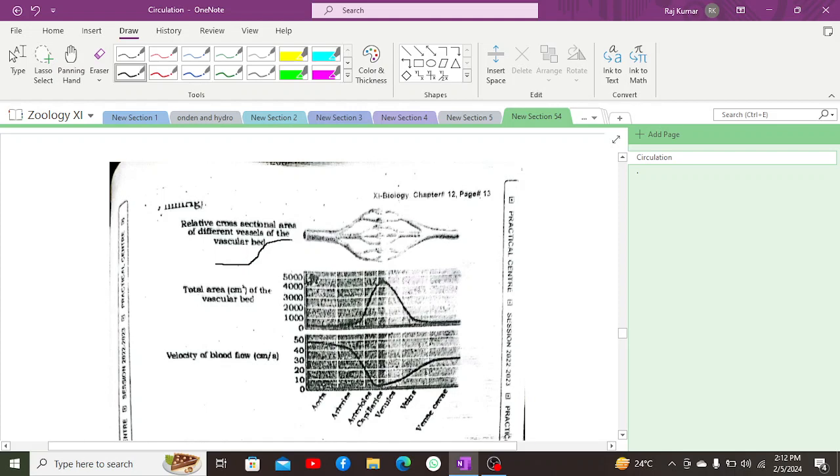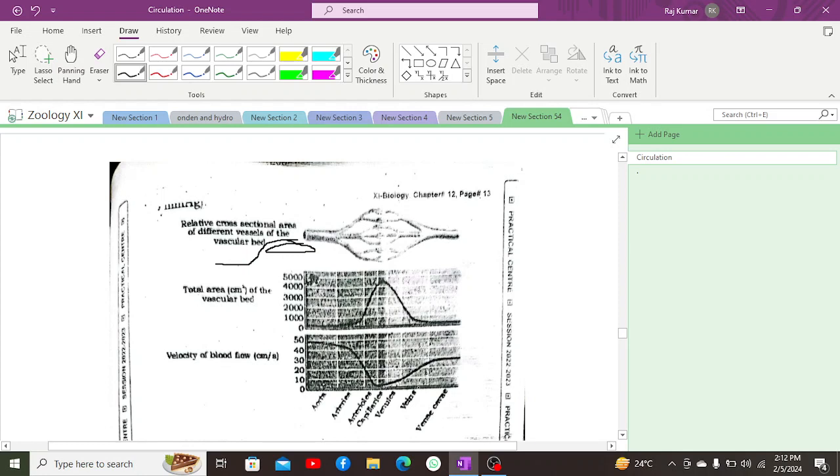On the other side, capillaries have high cross sectional area and high surface area, due to which they have less blood pressure, and blood velocity is less as well.